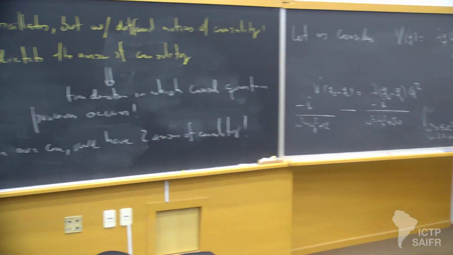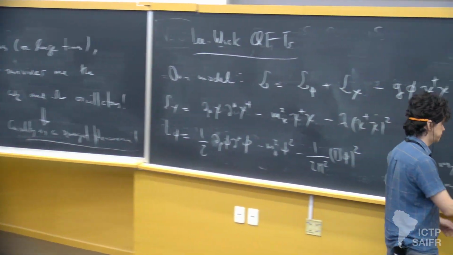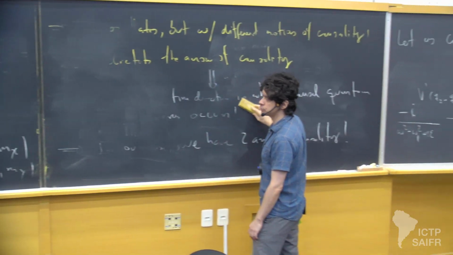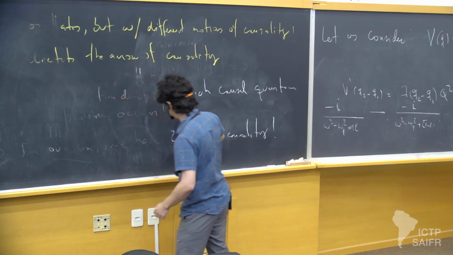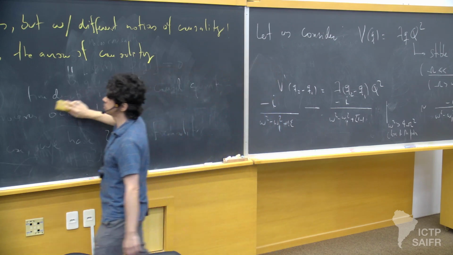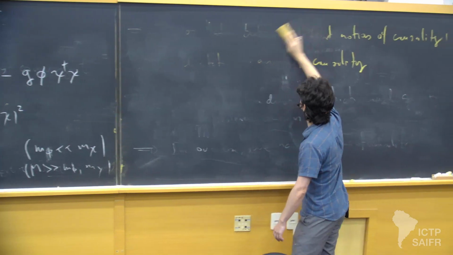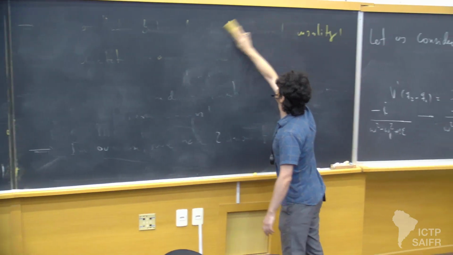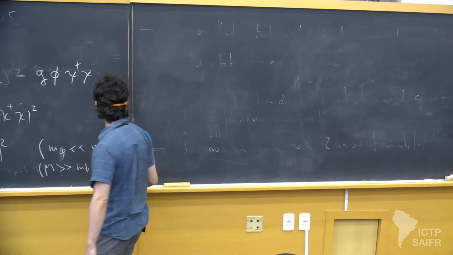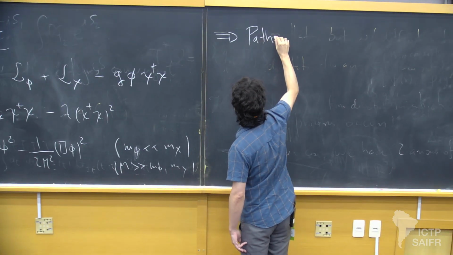So it's a field theory generalization of what we were doing about the Pais-Uhlenbeck oscillator. Eventually, I'm going to take m phi as 0, but in principle we can just leave those guys in here, considering that we have this hierarchy of scales. Okay, so let's be pragmatic. I'm not going to discuss canonical quantization. I'm just going to discuss path integral quantization.